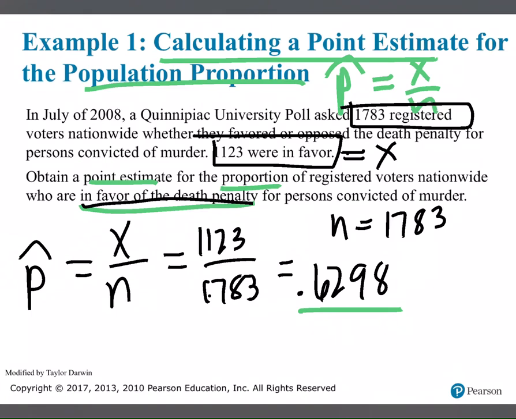It's not exact, but it's likely to be pretty close to the actual value. If I were to ask everyone in the United States, maybe it's actually 0.64, not this 0.62, but this point estimate gives me a good idea of the population as a whole.